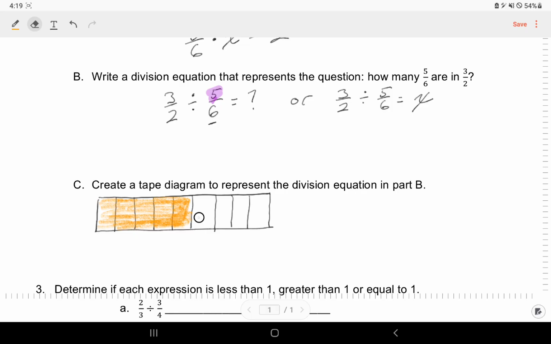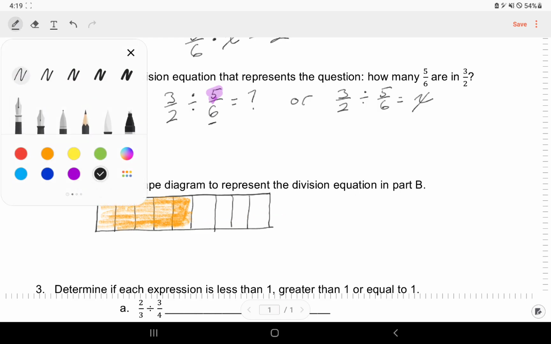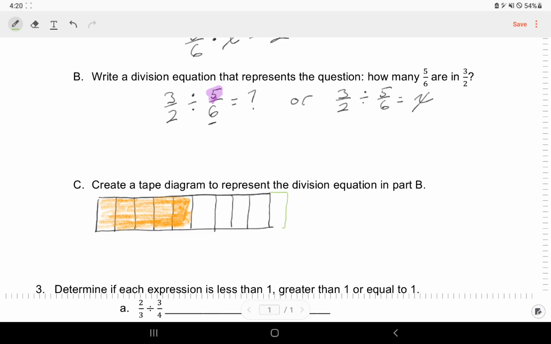Always 1 over. And 1, 2, 3, 4. So I need my imaginary one to make 5.